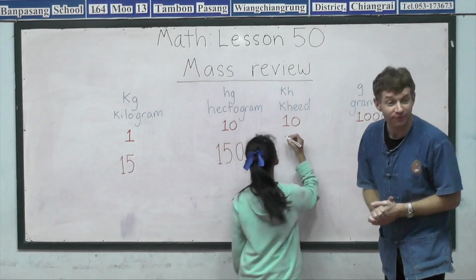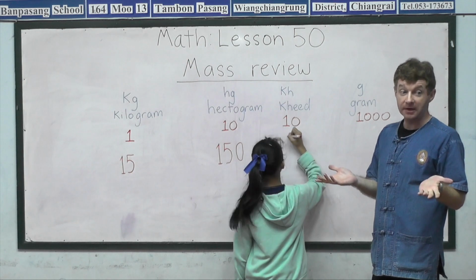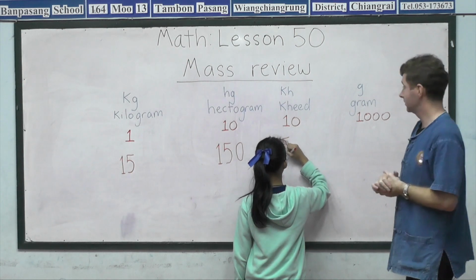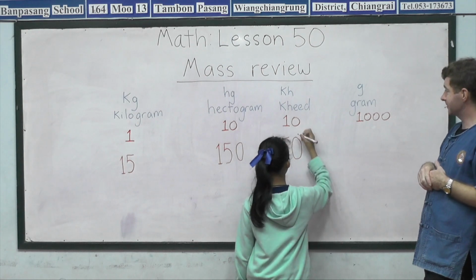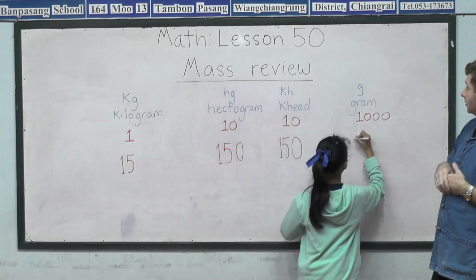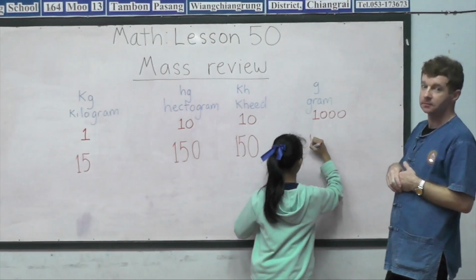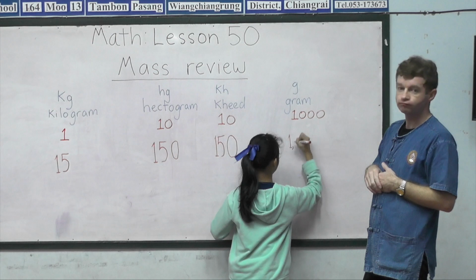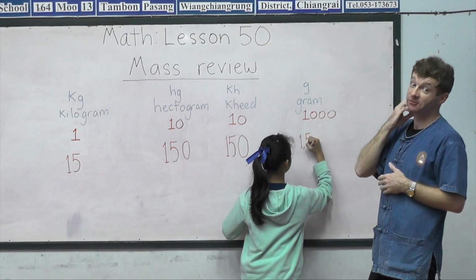So 150 hectograms equal how many kid? 150. Same. Equal how many grams? Remember, 1 kilogram, 1,000 grams.